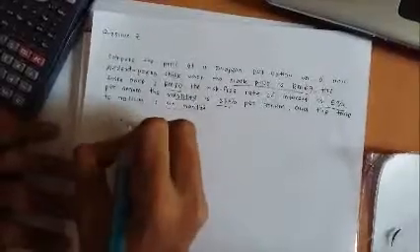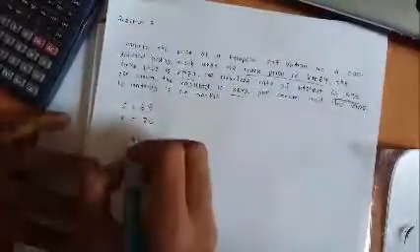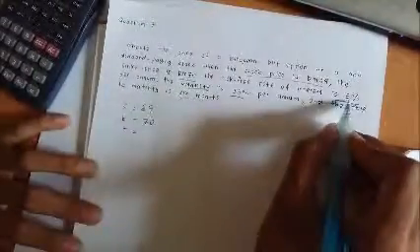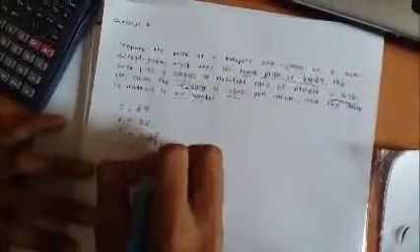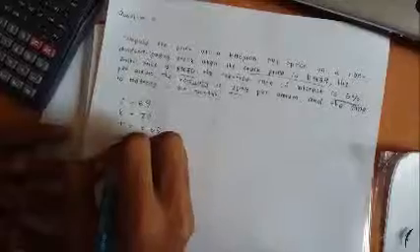Question 7 is about a European put option on a non-dividend paying stock. From this question, we take all the data. The first is stock price S equal to 69, strike price K equal to 70, interest rate r equal to 5%, which is 0.05, and volatility 35%.